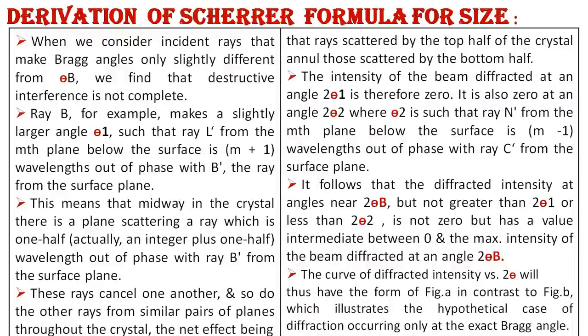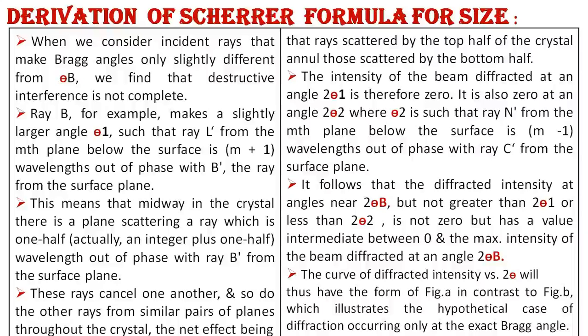It is also 0 at an angle 2 theta 2, where theta 2 is such that ray N' from the m-th plane below the surface is m minus 1 wavelengths out of phase with ray C' from the surface plane.